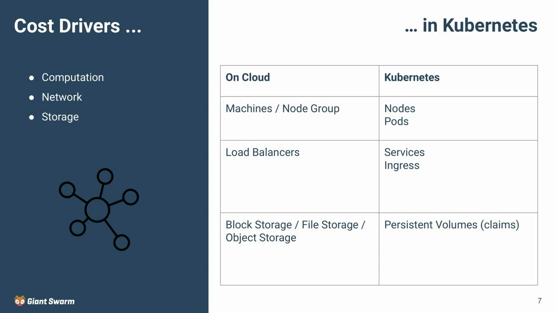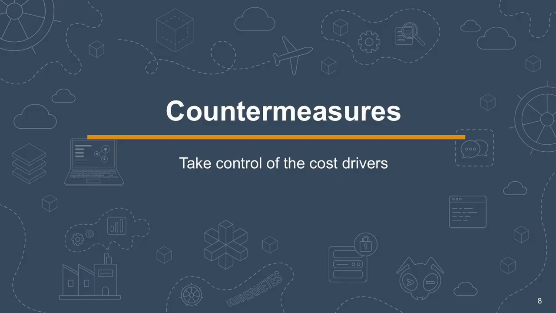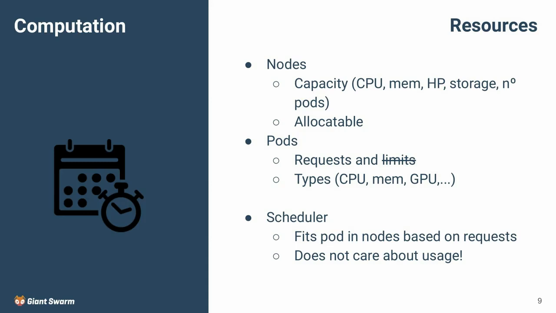So starting with the core measures, what we can do to control the cost drivers that we have just seen, like the computation, the traffic, the network, and the storage. So first of all, let's start with the computation.